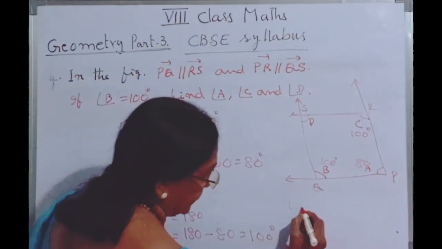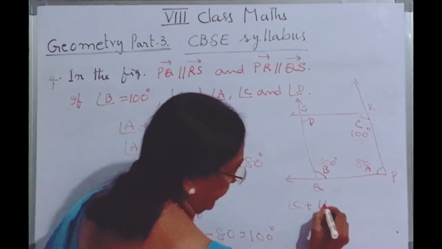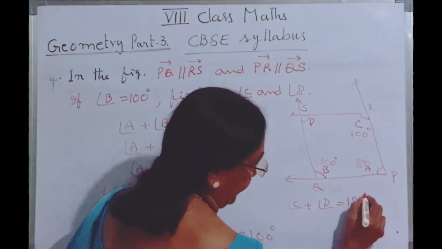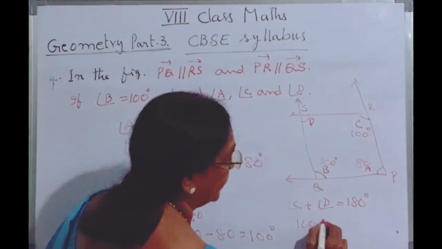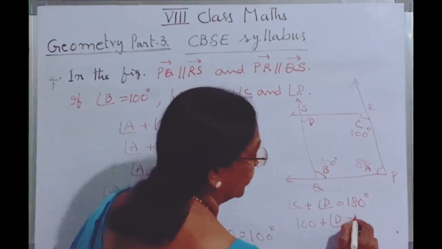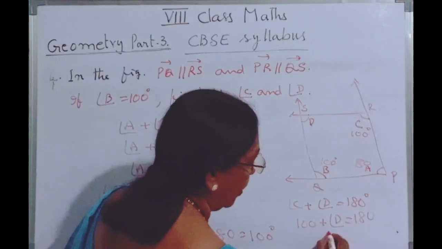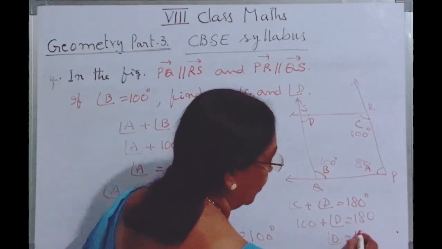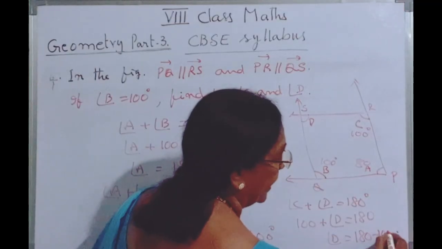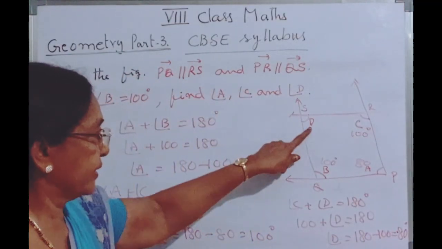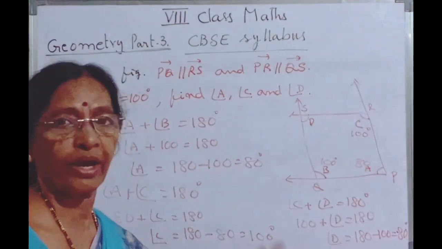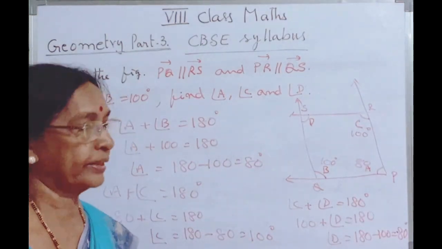Therefore, angle C plus angle D is equal to 180 degrees, and C is equal to 100 degrees. Therefore, 100 plus angle D is equal to 180 degrees, or angle D is equal to 180 minus 100, that is equal to 80 degrees. Therefore, angle D is equal to 80 degrees. So, we have found all the other angles.